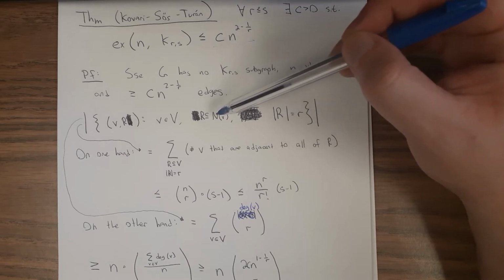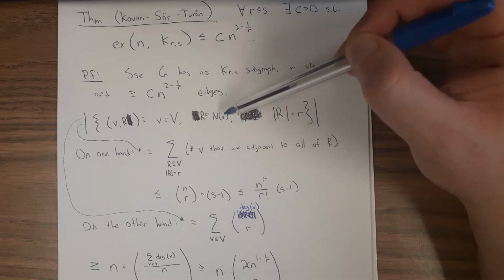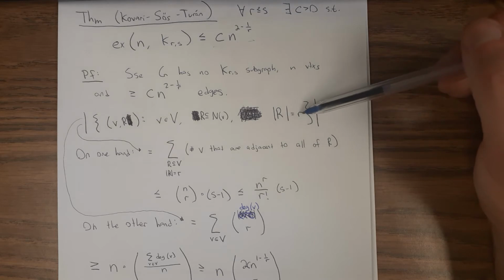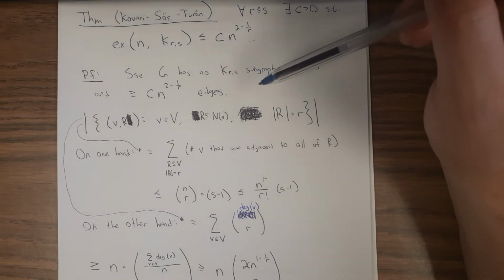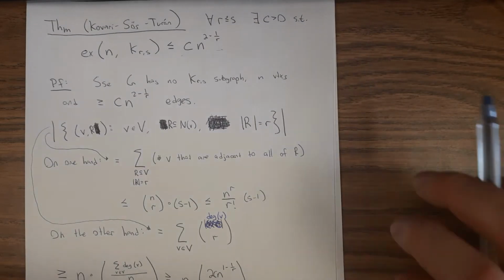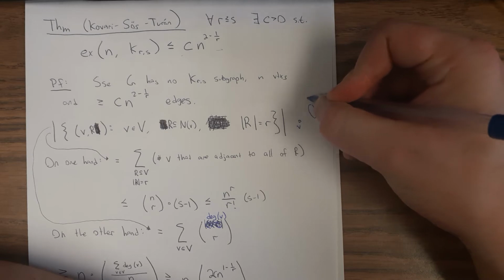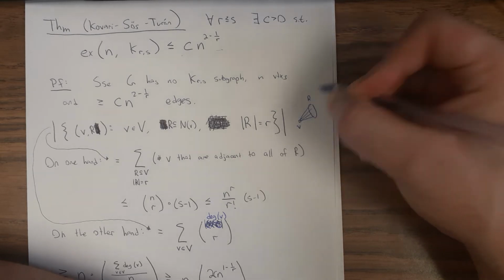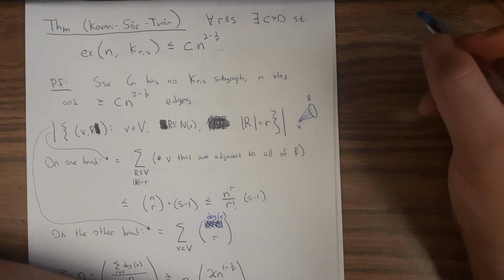R is a set of vertices that are all neighbors of v, and there are little r of them, and little r is the same number as from up here. So that's what we're counting. Maybe I'll draw a little picture. It's like here's v, here's R, and v is adjacent to all of them. And I'm counting pairs, v and R.